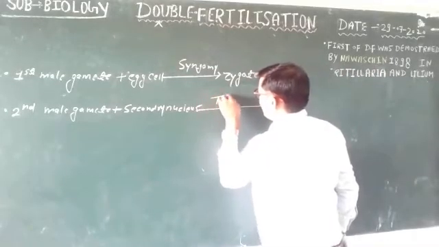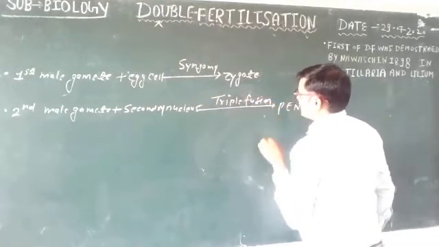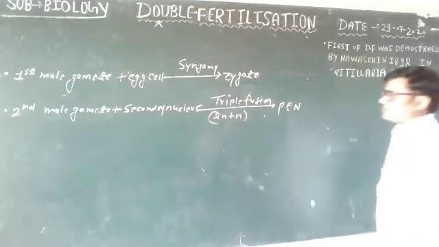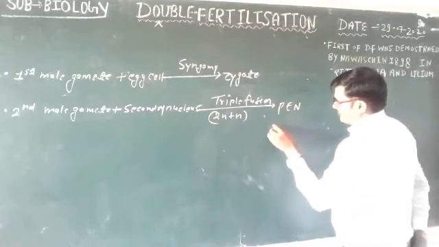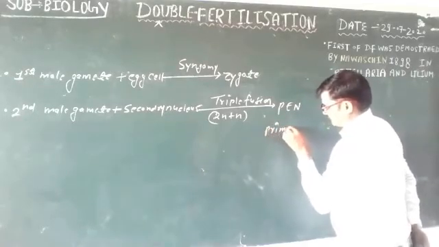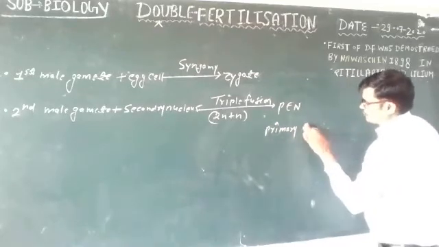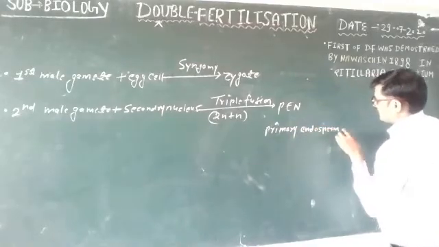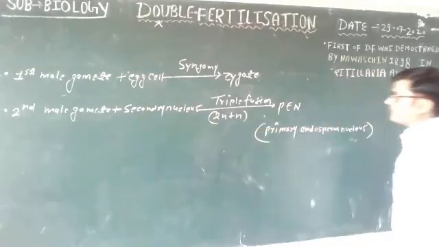And this is the triple fusion. Triple fusion means 2n plus n. PEN means, you can write in bracket, primary endosperm nucleus.